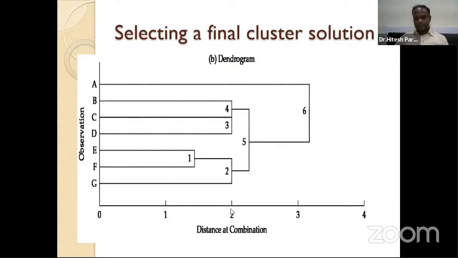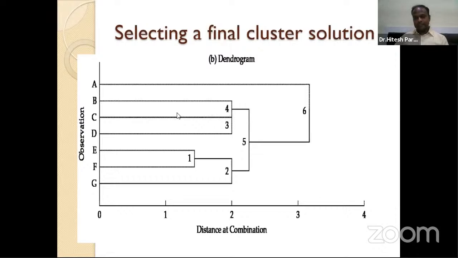Then at the second stage, at a distance of 2, the G respondent is combined. Then at the third stage, C and D are combined at a distance of 2. And at the fourth stage, B and C are combined.